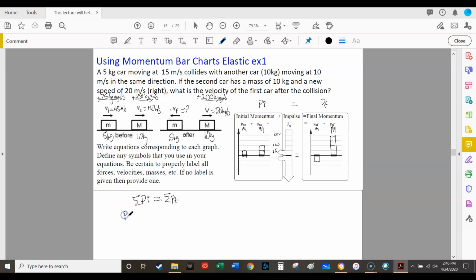And so the initial momentum of the small guy, plus the initial momentum of the capital guy, is going to be equal to the final momentum of the small mass guy, plus the final momentum of the capital guy.